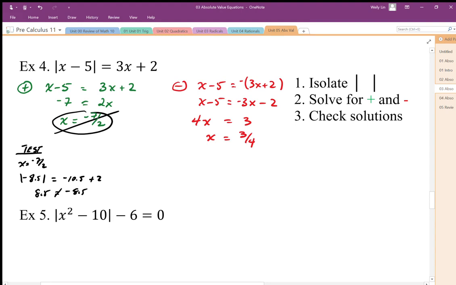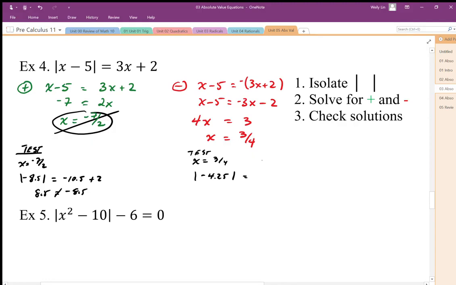Okay, so let's test x equals 3 over 4. When I test x equals 3 over 4, I get negative 4.25. Okay, 3/4 minus 5 is negative 4.25.